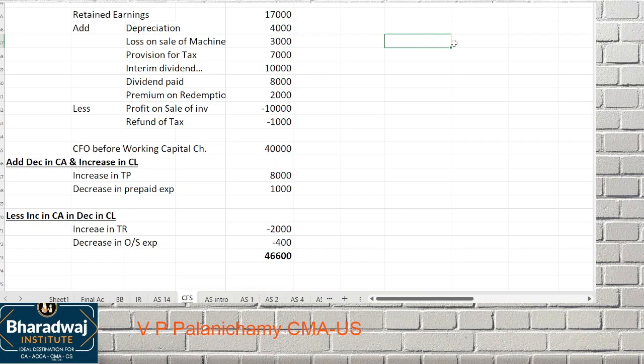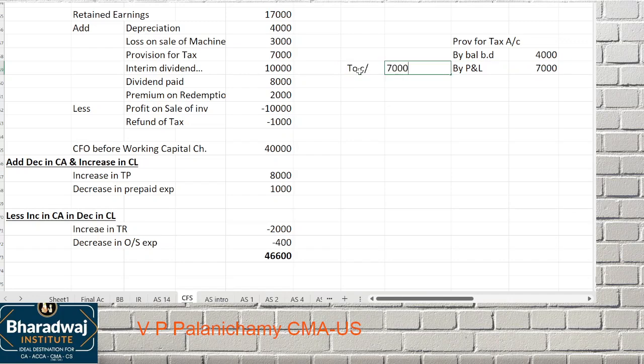Now, if you prepare provision for tax account, what is the opening balance? 4,000. What is the current year provision? 7,000. What is the closing balance?